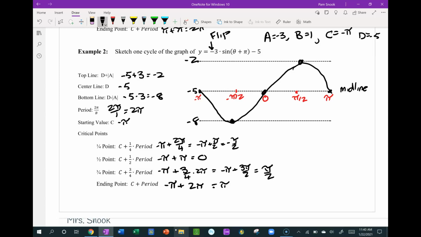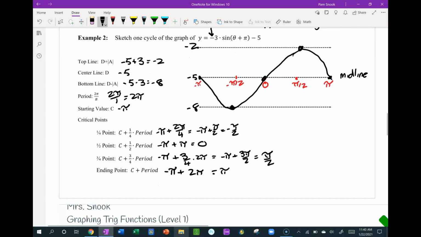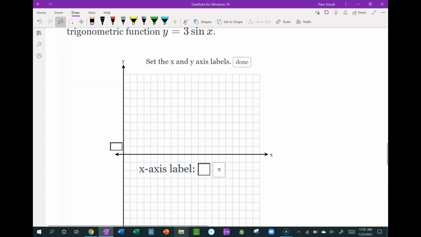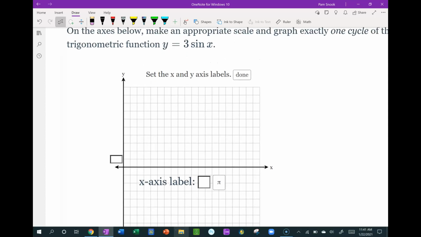Okay. So your assignment is on Delta Math. So let's do some of these on Delta Math so you can see how that's going to work. What I've done is I've copied the Delta Math problem so I have a place to do my work. On this one, A equals 3, B equals 1, C equals 0, and D equals 0.